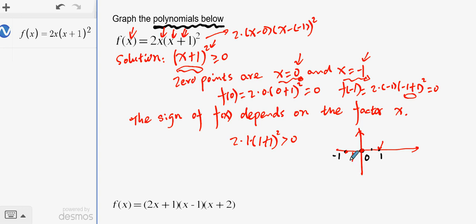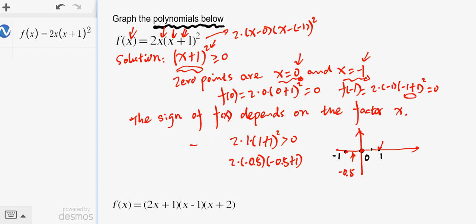So here is negative 0.5, because negative 0.5 is less than 0, and you can see 2 times negative 0.5, and here negative 0.5 plus 1.